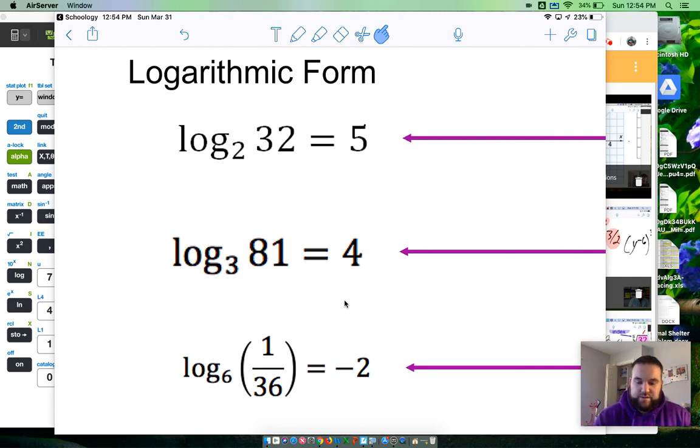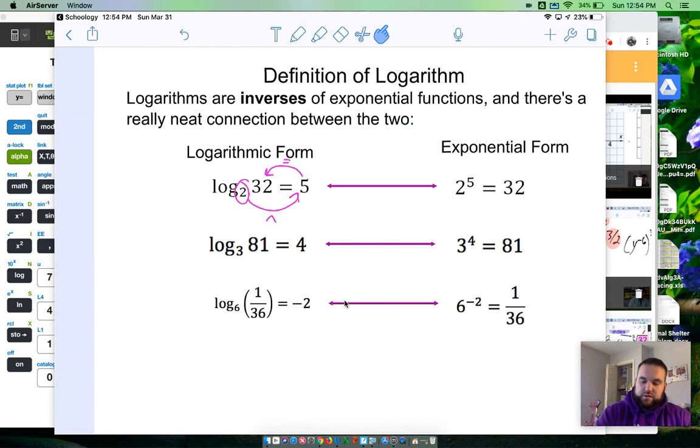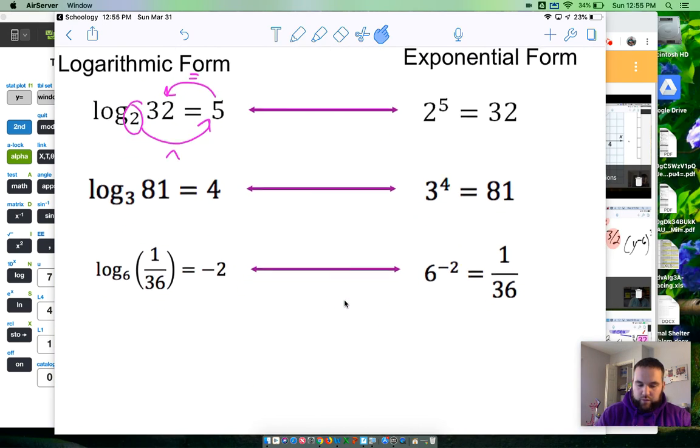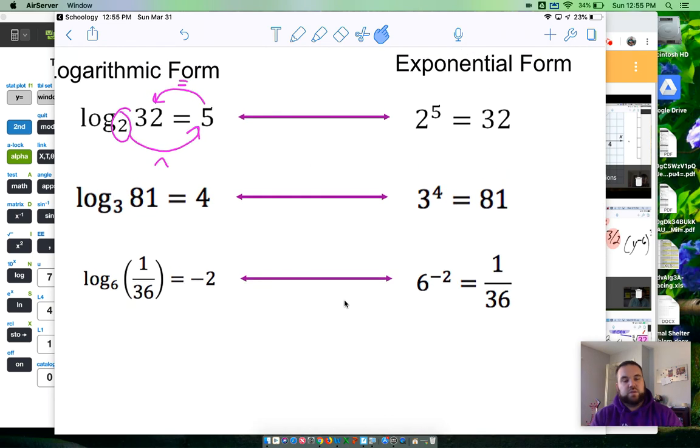And the reason is because this number raised to that power is equal to that. Okay, so the base number raised to the power of the answer is equal to what we call the argument. So that's what you're seeing when you're reading a logarithm. So log base 2 of 32 equals 5 is true because 2 to the 5th is 32.